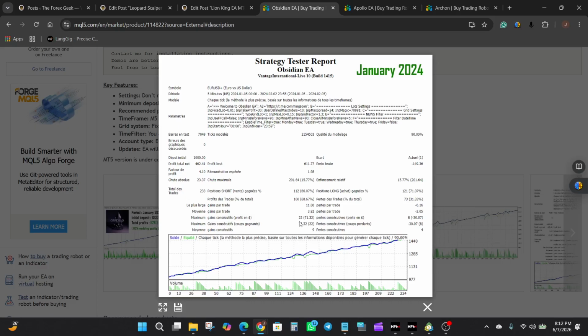Okay, so we are also seeing the maximum profit made. Sorry, the maximum profit. This is not in English. I'm just trying to remember the positions. Okay, so this should be the maximum profit per trade, and this should be the average profit.